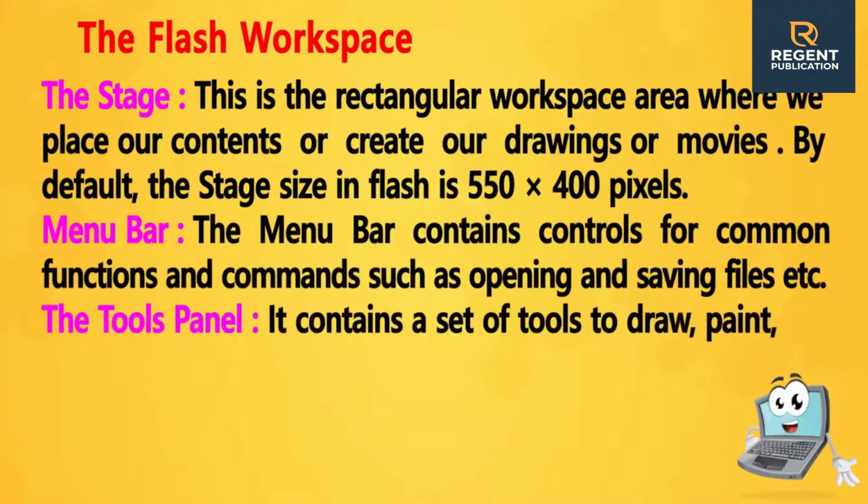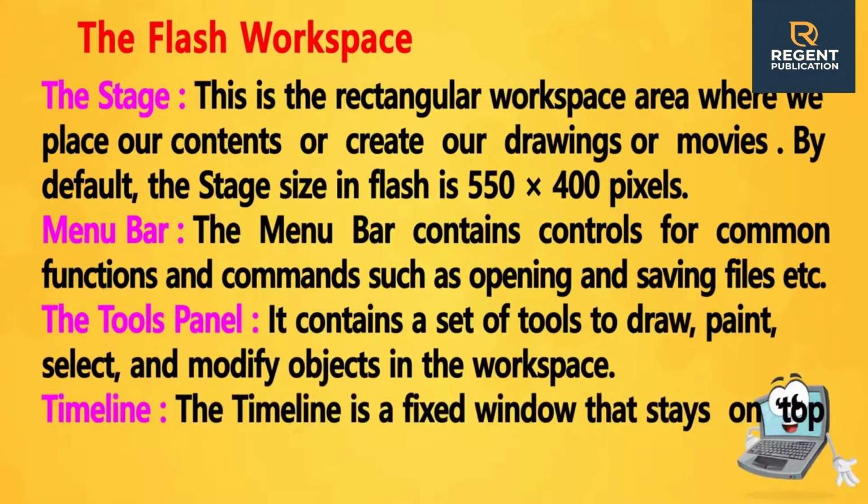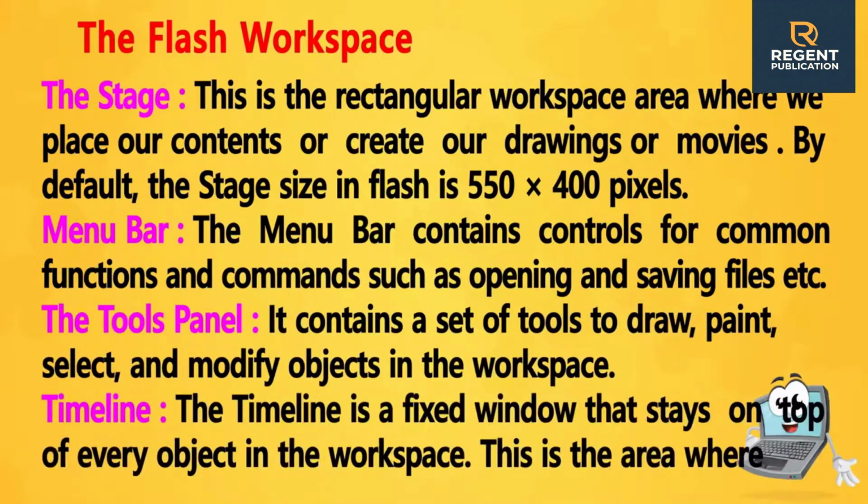The Flash workspace. The stage. This is the rectangular workspace area where we place our contents or create our drawings or movies. By default, the stage size in Flash is 550 by 400 pixels. Menu bar. The menu bar contains controls for common functions and commands such as opening and saving files. The Tools panel.